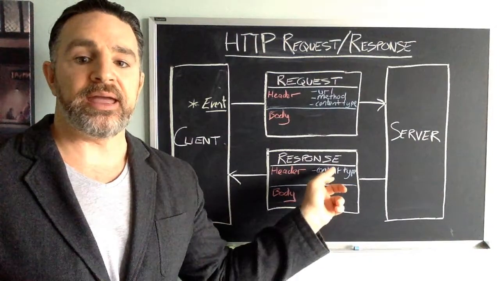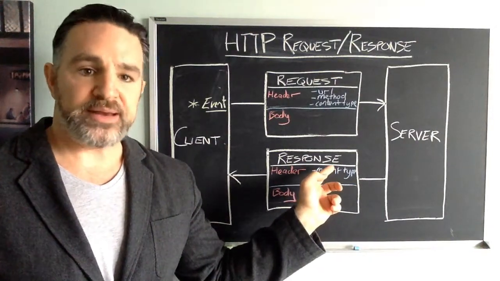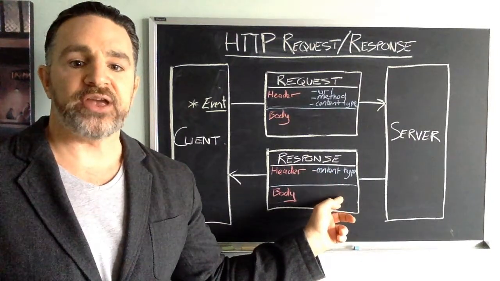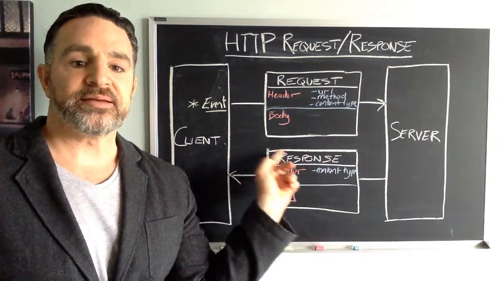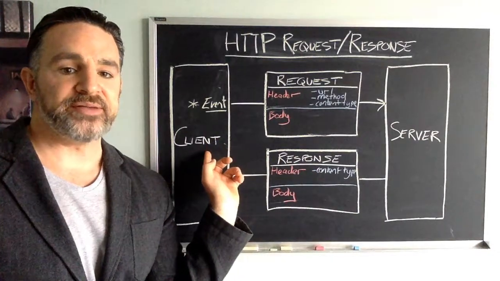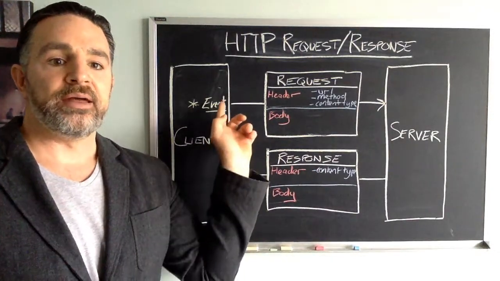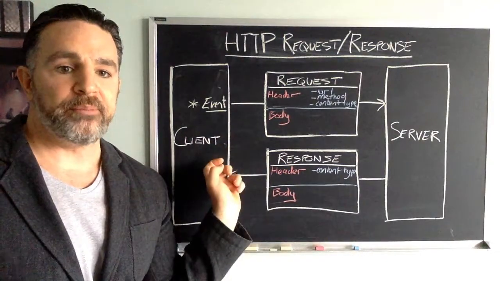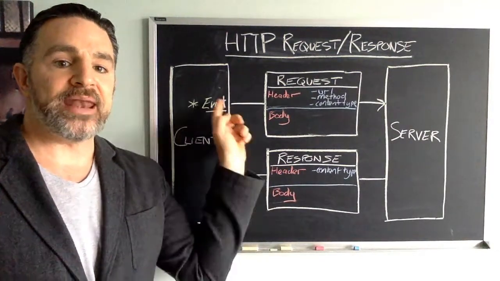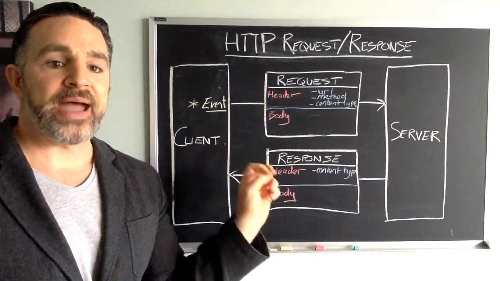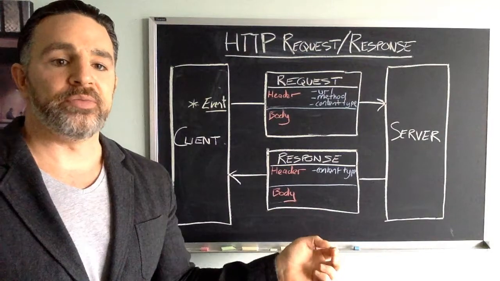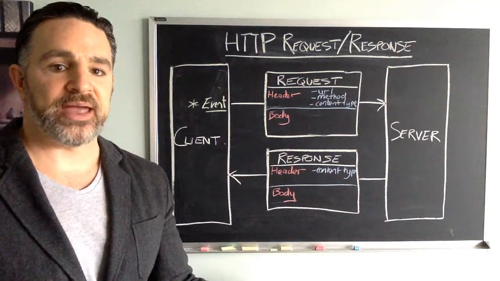So again, the content type header here is not going to be HTML, it's going to be JSON, because we're transmitting JSON back to the client. The JSON is going to get back to our client. Then our callback function will run. It will use this JSON that's been transmitted back to update our page without a full page refresh, thus following the concept of the single page application.